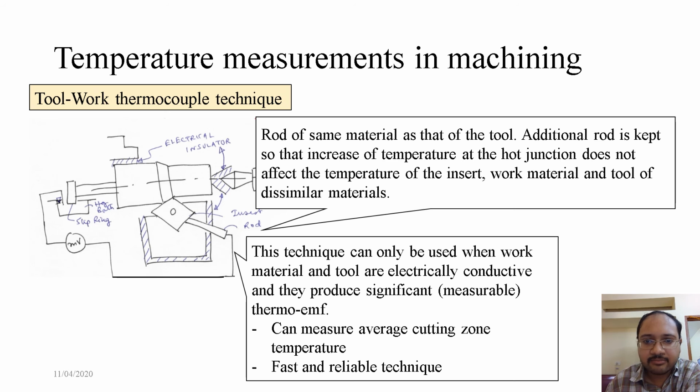A rod of the same material as that of the tool is connected to the insert, which in turn is connected to the millivoltmeter circuit. The additional rod is kept so that the increase of temperature at the hot junction does not affect the temperature of the insert, work material and tool of dissimilar materials.